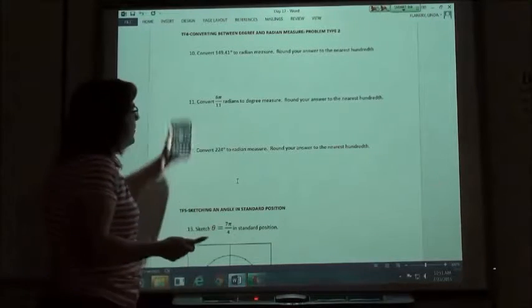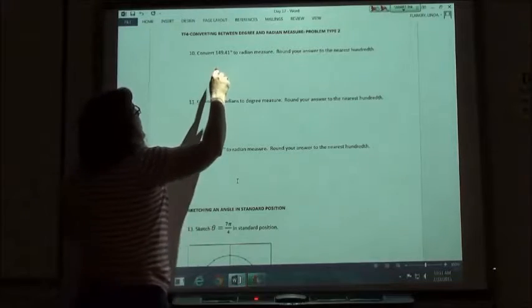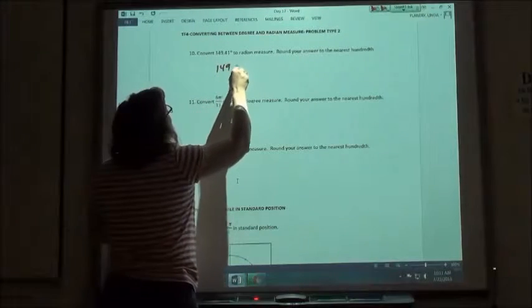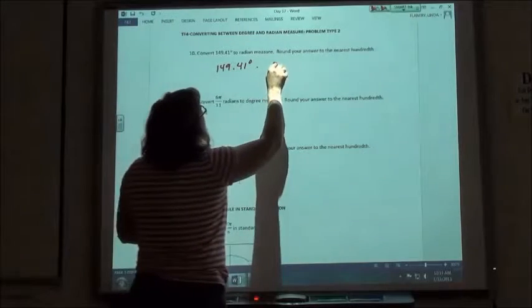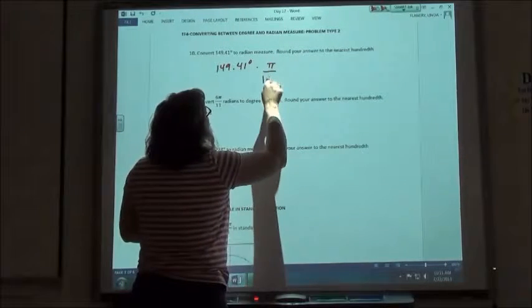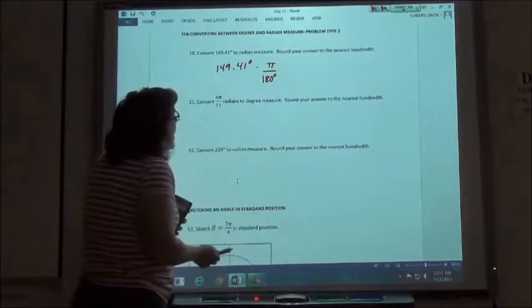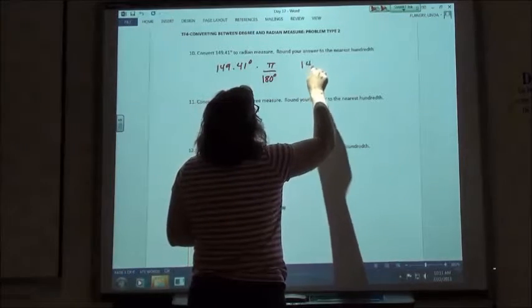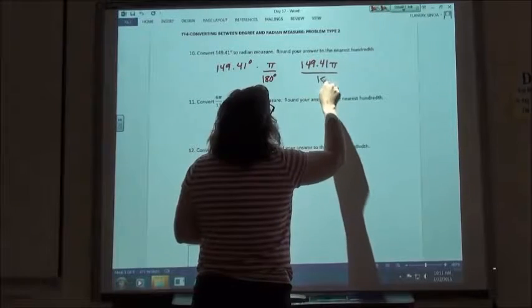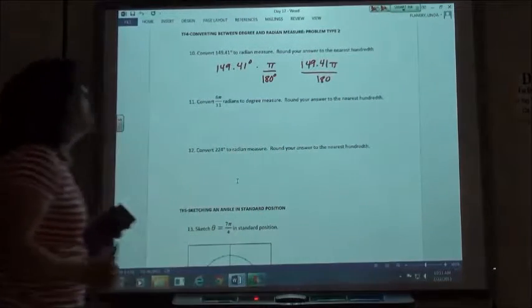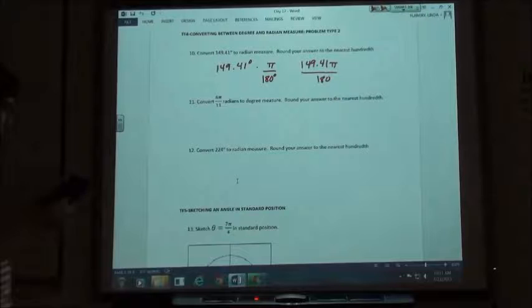But same kind of conversion that we did before. If I have 149.41 degrees, in order to change it into radians, I'm going to multiply by pi over 180. So that means I have 149.41 pi divided by 180, and I'm going to put that into my calculator. Again, I'm going to use the pi button.